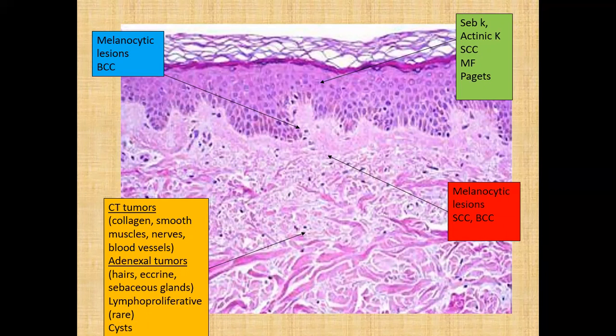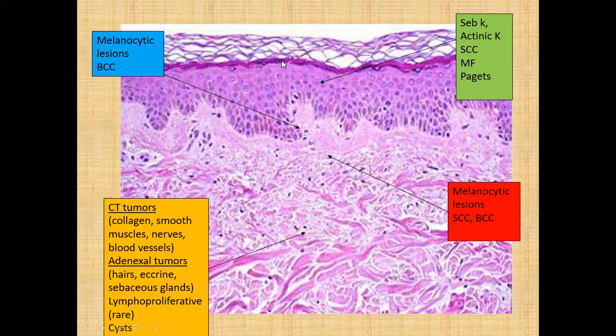So just as a revision, I would like to revise that the tumors that involve primarily the epidermis include seborrheic keratosis, actinic keratosis, squamous cell carcinoma or carcinoma in situ, mycosis fungoides, and Paget's disease.